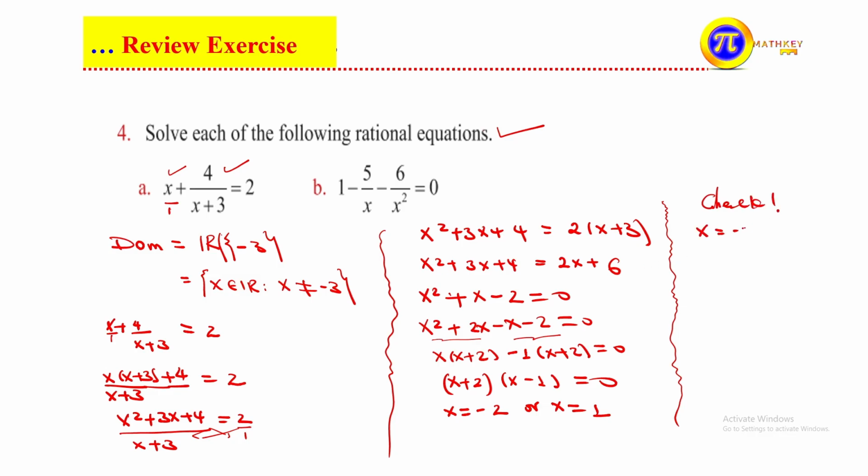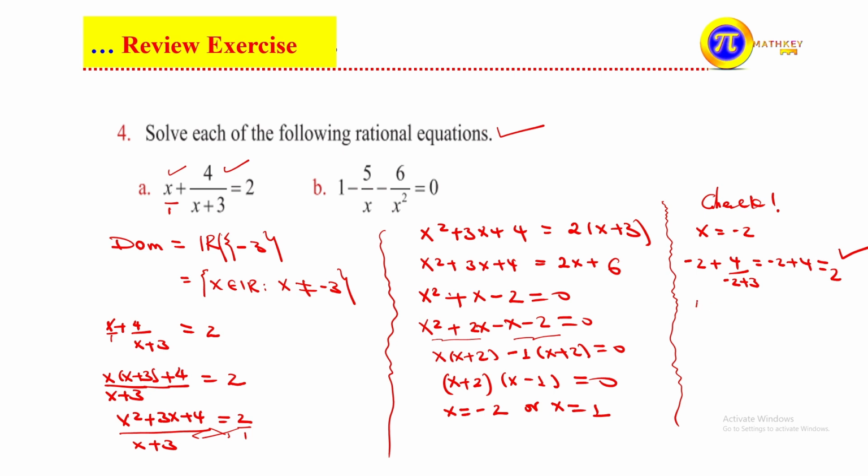Check scenario when x is equals to negative 2. What is the value now? We have negative 2 plus 4 over negative 2 plus 3, which is equals negative 2 plus 4 over negative 2 plus 3 means 4 ስለሚሆን it is 4. Negative 2 plus 4 is equals to 2, yes it is correct ነው ማለት. Similarly let's check 1.